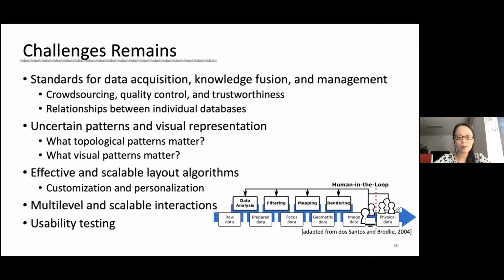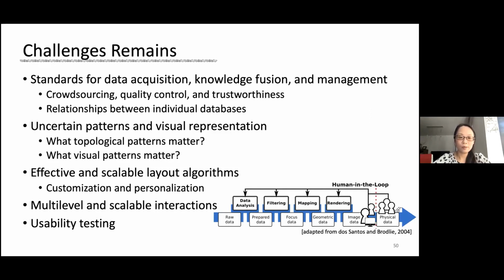As you can see from my presentation, there are different overview maps for different databases. So it's still even a challenge to relate them. They are representing similar things, but some databases prefer to use an undirected graph to visualize the network, but some databases prefer to use a directed graph to represent the network, just because they have a different view on the significance of the edge direction.